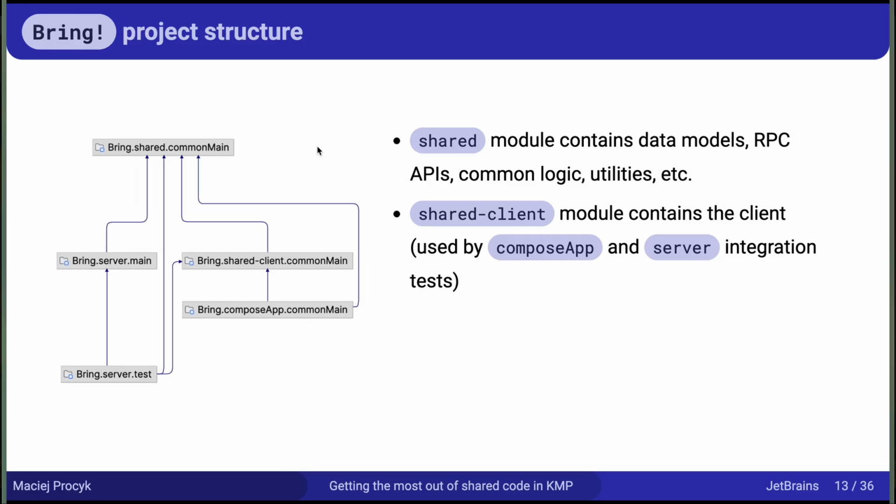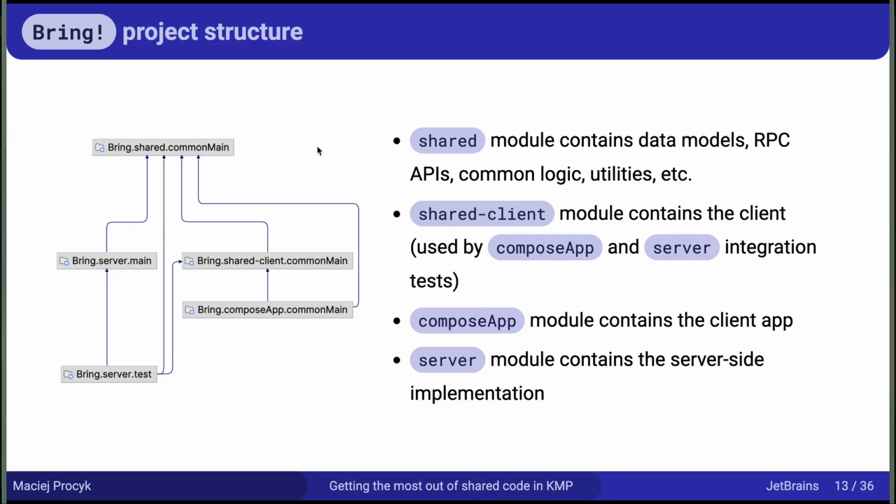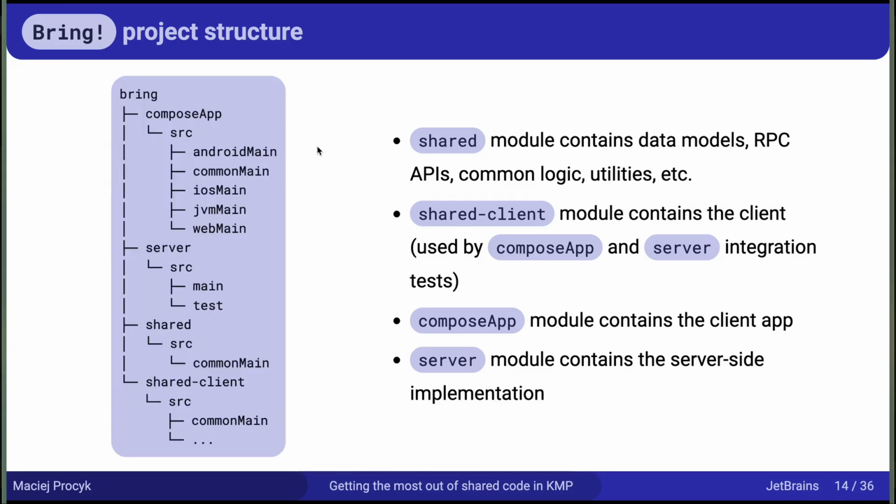So integration tests can make use of the single definition of the client, which is defined in this module. This is quite a small one. And there we have two other ones which are kind of leaves, the server and the compose app one, which define the final executables.